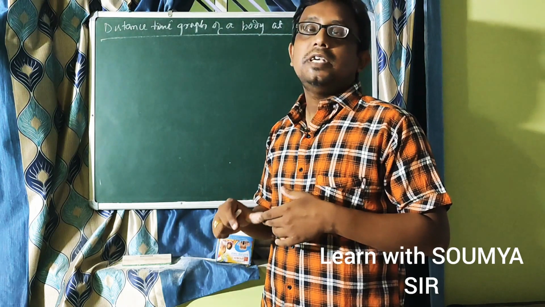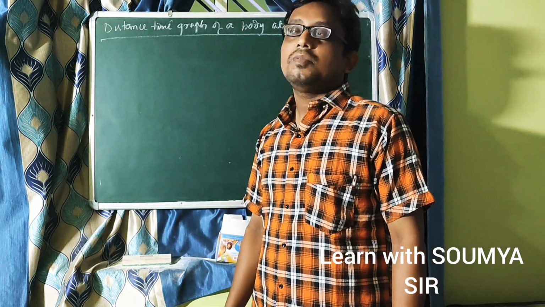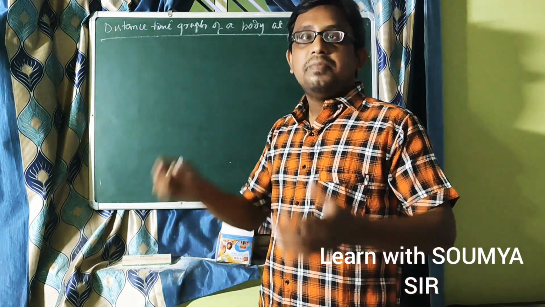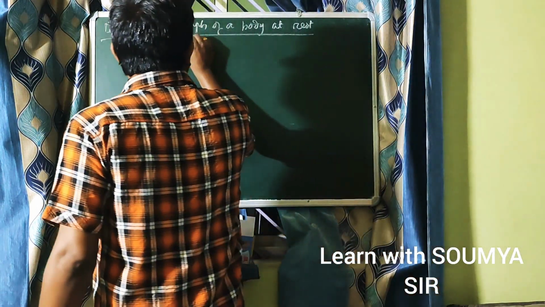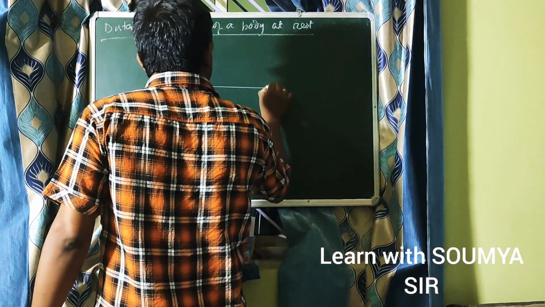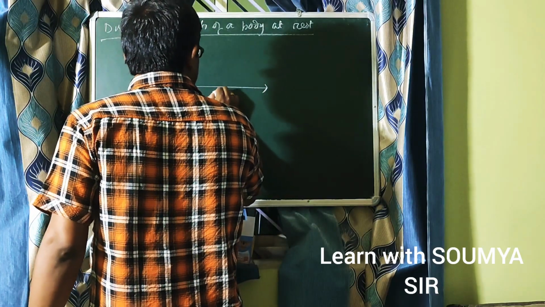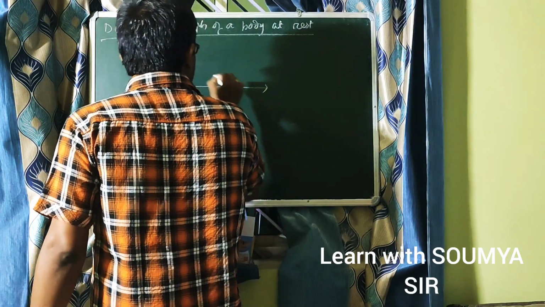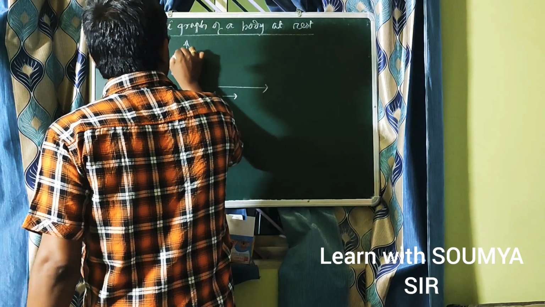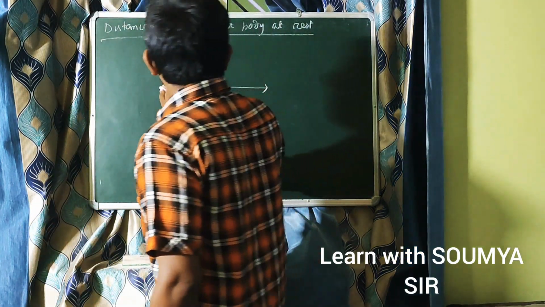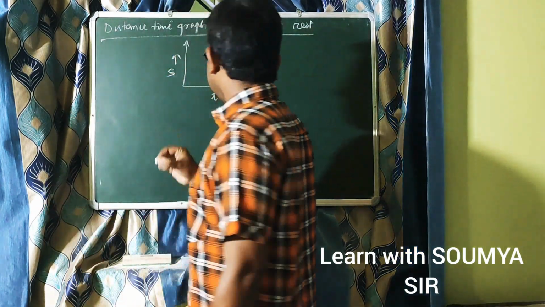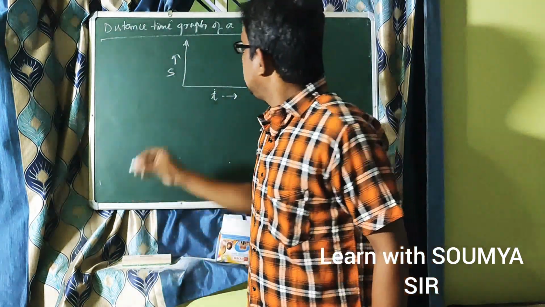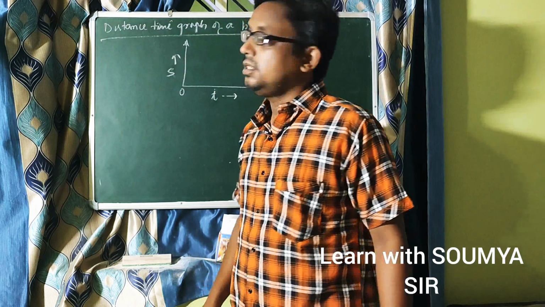That means if we take a point of reference, from the point of reference, every time the distance will be the same. So let us take a graph, 2 axes. This axis is the distance s, and this axis is time t. This is the origin.